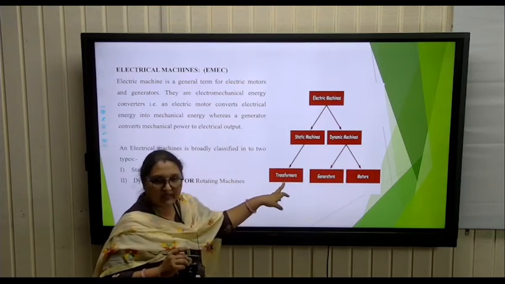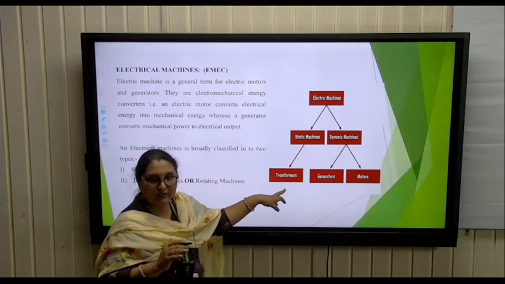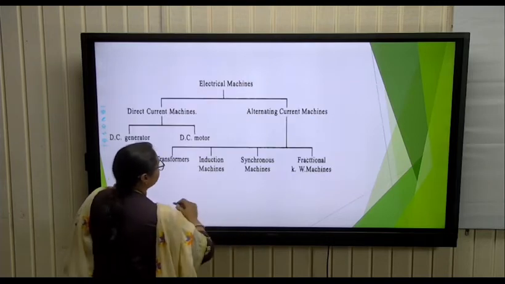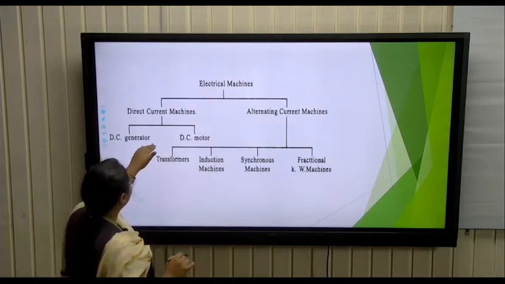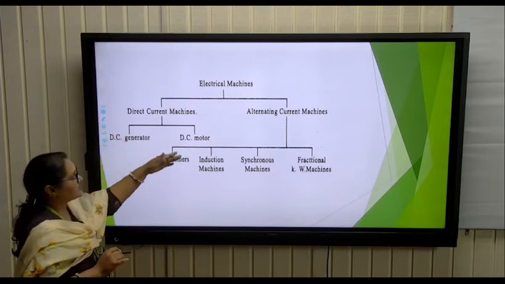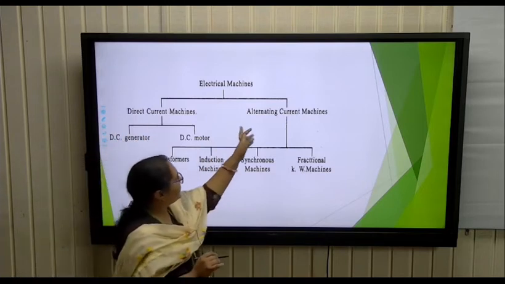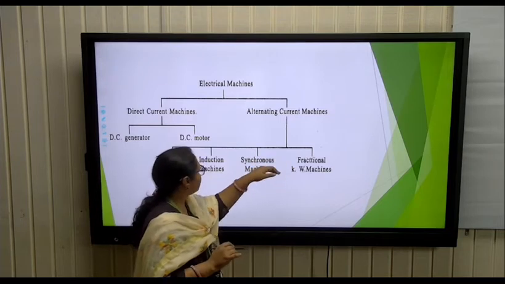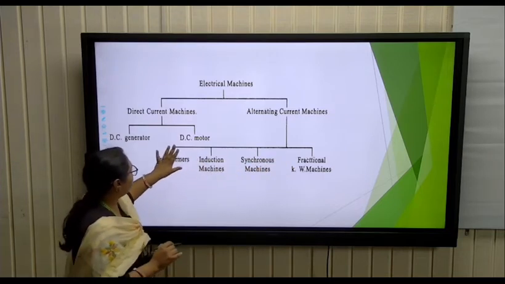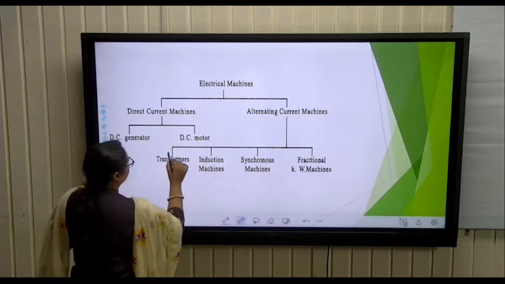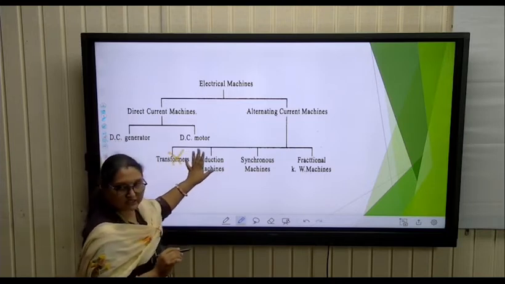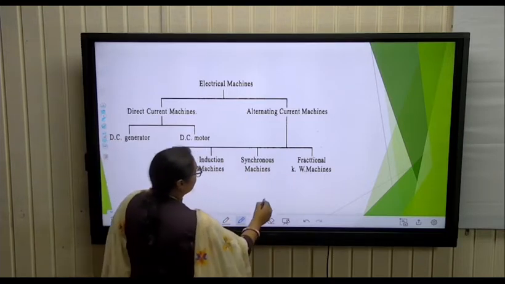Only one part is static, under which the transformer comes. Here we have further a generator or a motor. Also, the AC machine is further classified into induction, synchronous and fractional kilowatt machines.